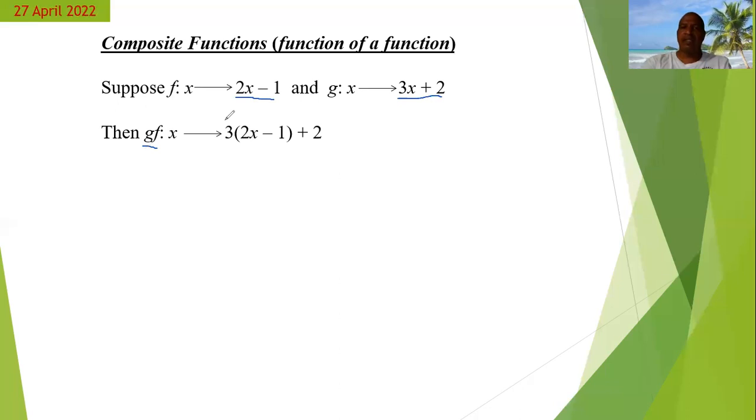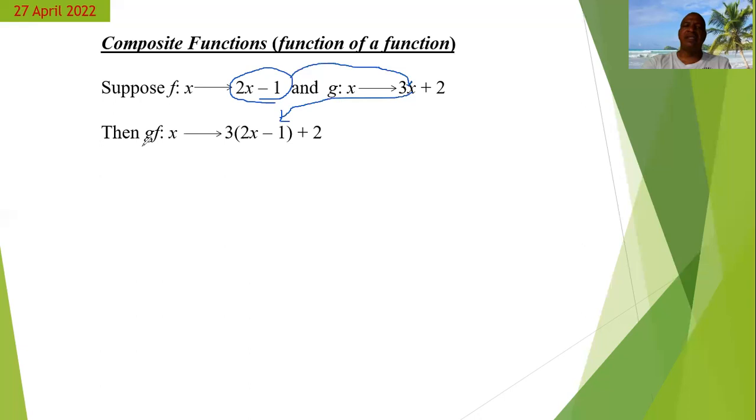To do that, we take the function f, 2x minus 1, and put it wherever the x is in g. We replace x with 2x minus 1, but we keep the 2x minus 1 in brackets.